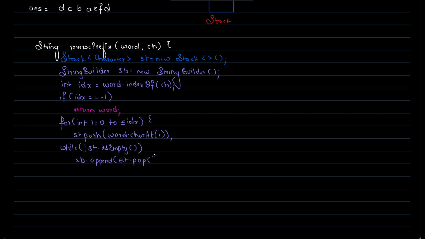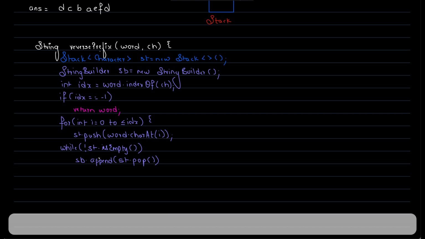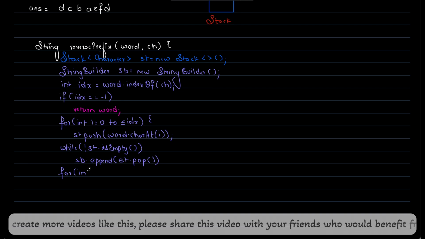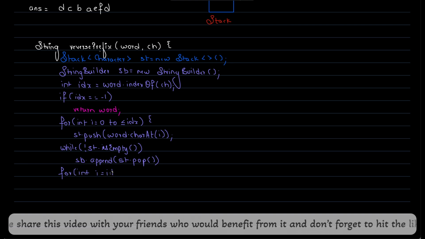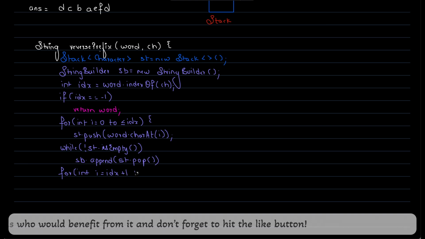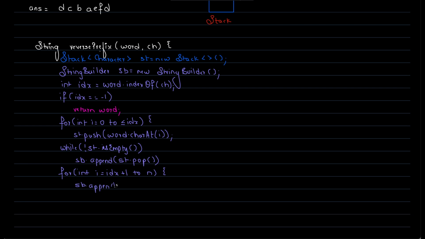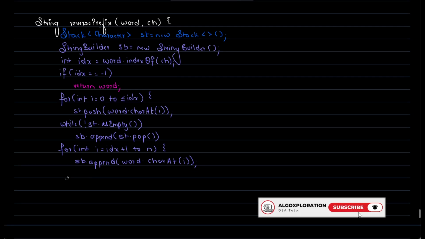It will pop one by one and append into the sb. After this, I need to append the remaining characters into that sb. So for int i equals idx plus 1 to n, sb dot append word dot charAt i. And that's it, guys. We are done with this. Now I need to return sb.